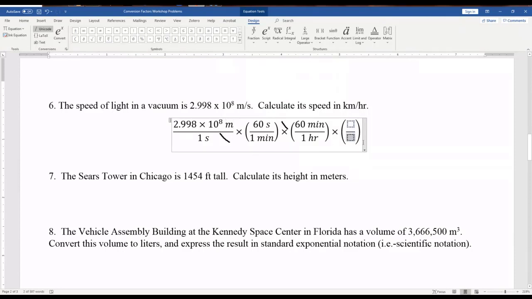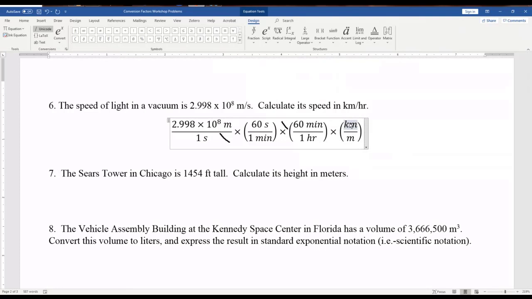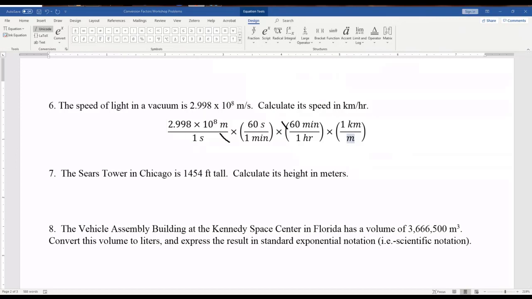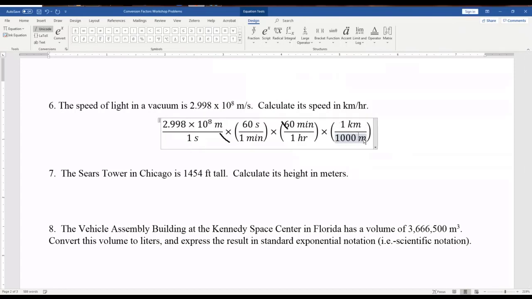So what unit's going to go on the bottom? Meters, yep. And what unit's going to go on top? Kilometers, very good. So once again, I'll put a 1 in front of my prefix unit and the meaning of the prefix in front of the base unit. What does kilo mean? What's the numerical meaning of kilo? 1,000, very good. So kilometer is 1,000 meters.